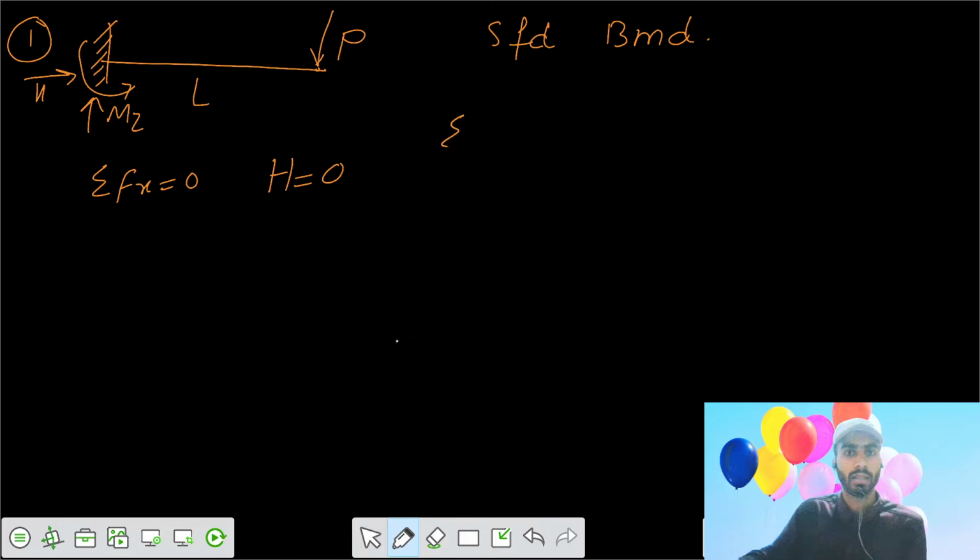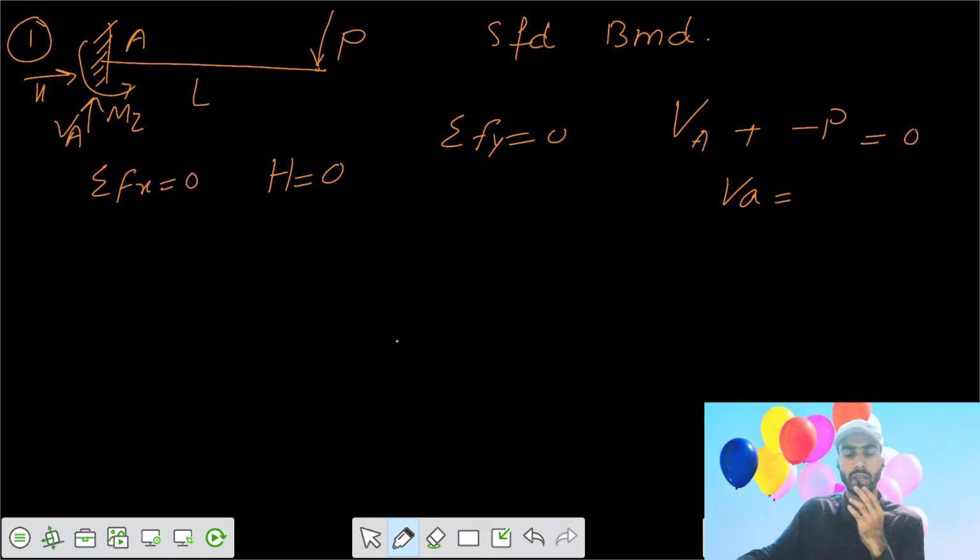And if summation Fy equals 0, the reaction at A, say this is your support A, is upwards, plus minus P acting downwards, equals 0. So the reaction at A equals the load P.